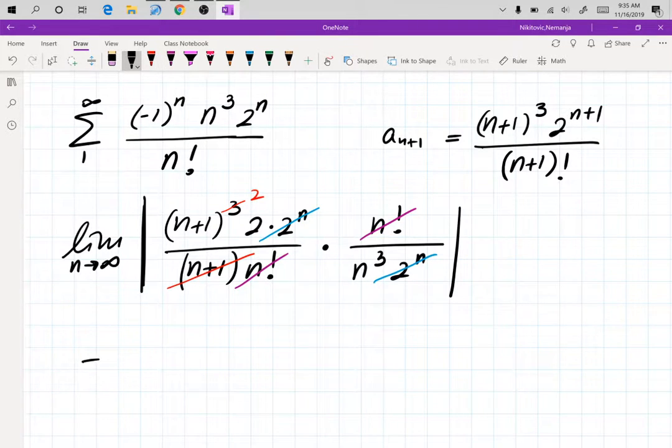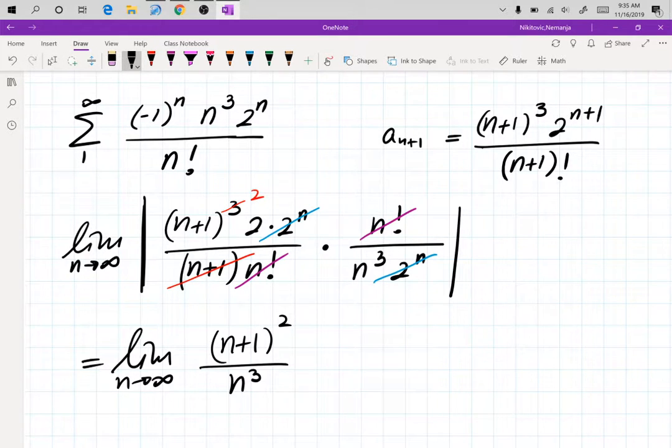What's left is the limit as n goes to infinity of (n+1)^2 divided by n^3, which is 0, because you have a quadratic divided by a cubic, a faster growing function in the denominator, so it's 0. There is also a 2 in front, but no one cares, times 0, right?